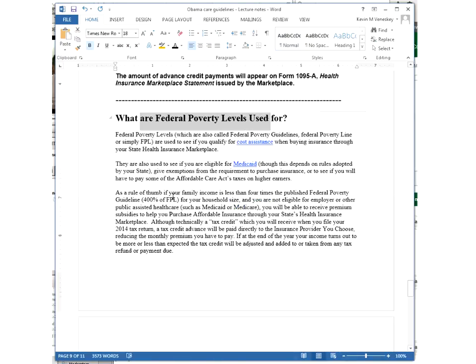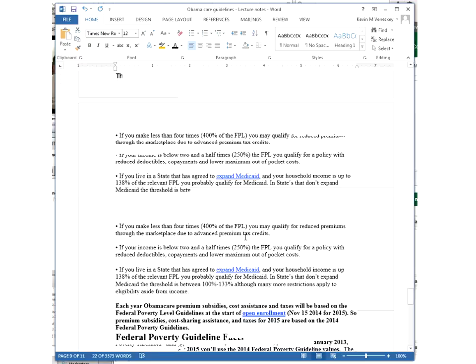And then the last thing here, what are the poverty levels used for? I go through here, and basically if you're under 400% of the federal poverty line, you are eligible for getting some help on paying for your premiums.